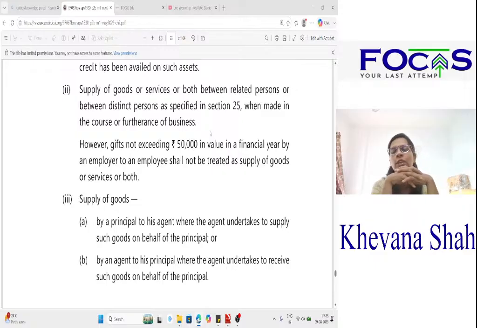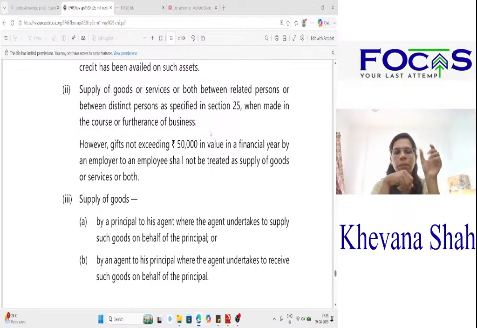Who might be related to the supplier in some manner. For a company that could be your director, and for individuals it could be people who are related to you very closely and who are dependent on you.